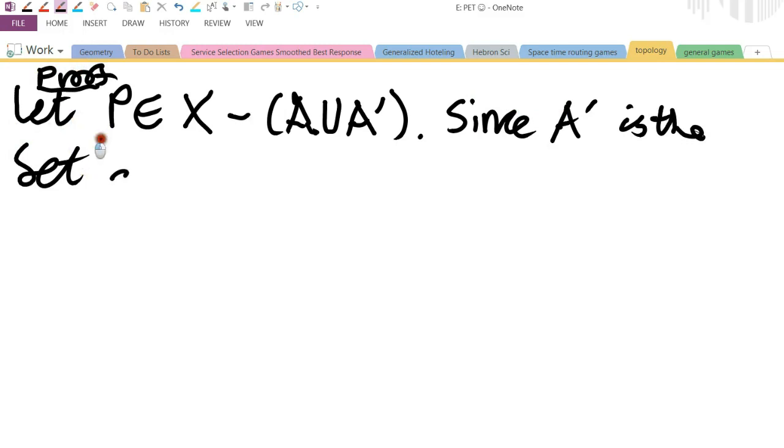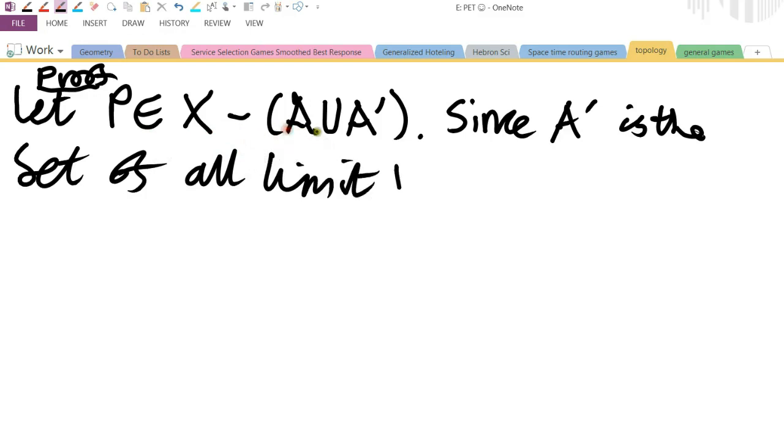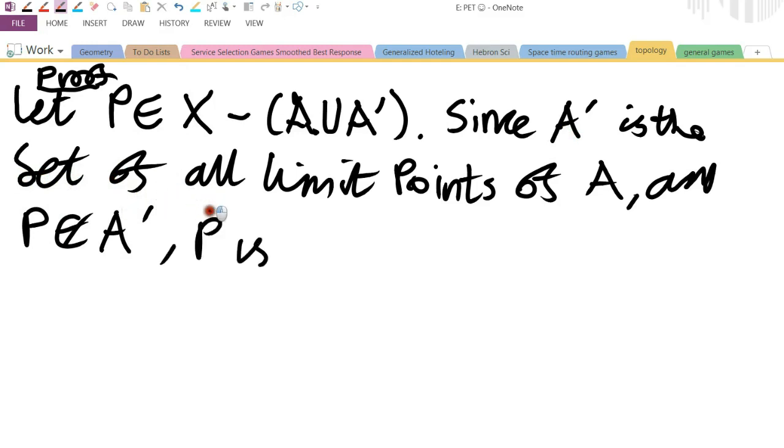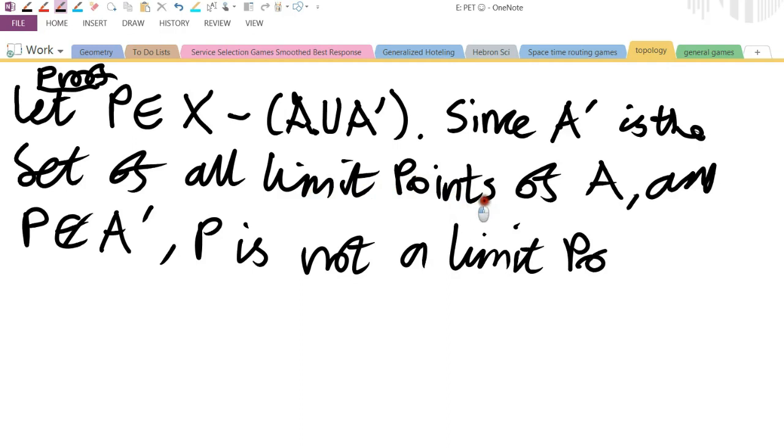Since A' is the set of all limit points of A, and P is not in A', P is not a limit point of A.